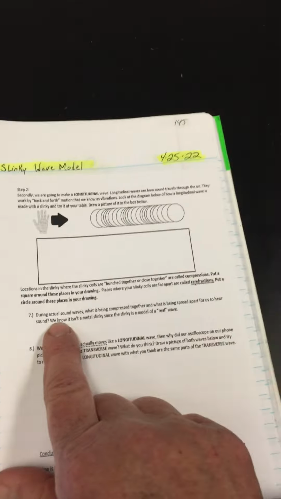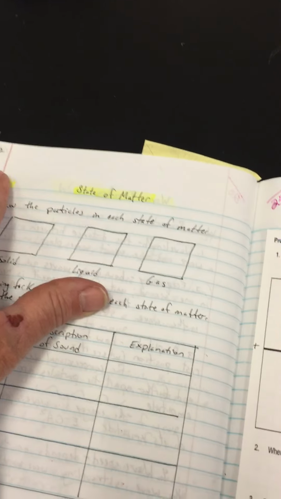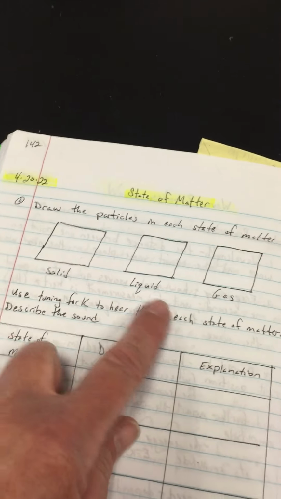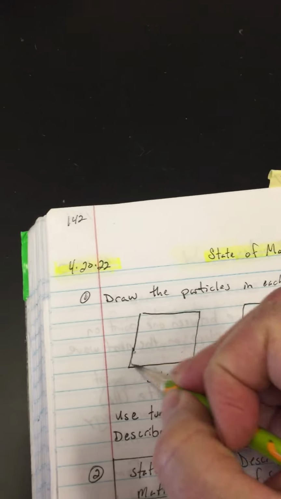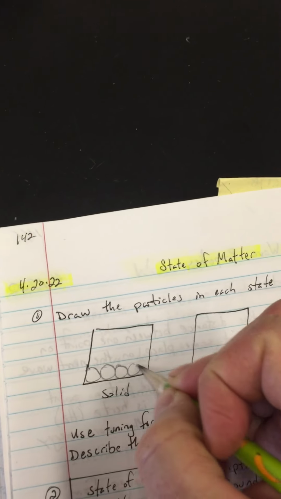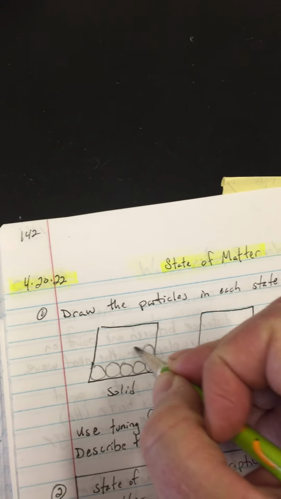All right, number 7, I want you to go back to page 142. Remember we had the particle models, and we drew the particles. In a solid, they're packed closely together.